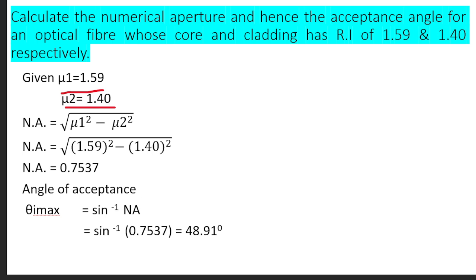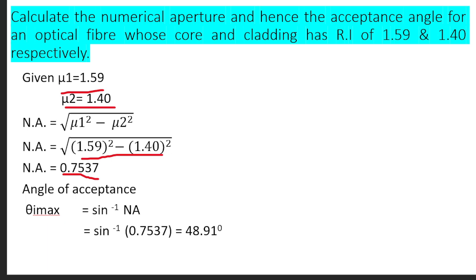As we know, the numerical aperture equals the square root of mu1 square minus mu2 square. After putting in the values, we get the square root of 1.59 square minus 1.40 square, and the final answer for the numerical aperture is 0.7537. And the next is the acceptance angle. The formula for the acceptance angle is theta i max equals sine inverse of NA.